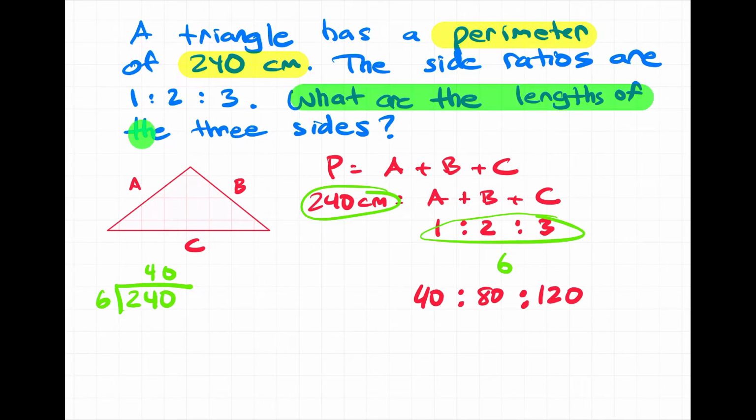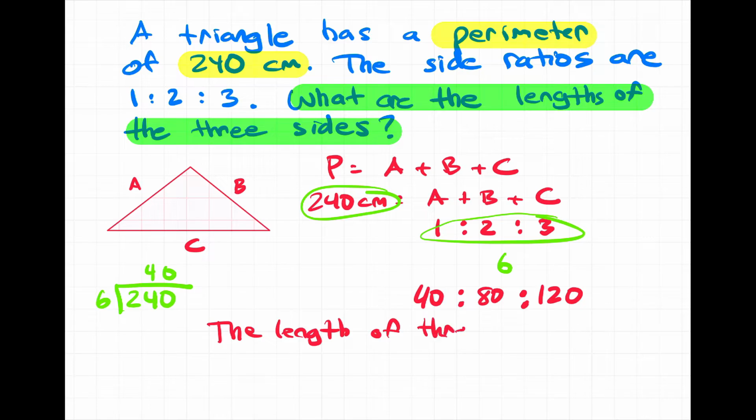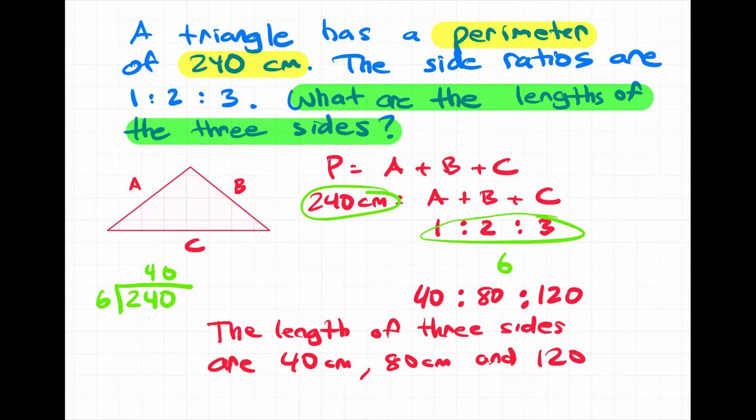The lengths of the three sides. So again, you would respond with: the lengths of the three sides are 40 centimeters, 80 centimeters, and 120 centimeters. And there we go. That would be our final answer.